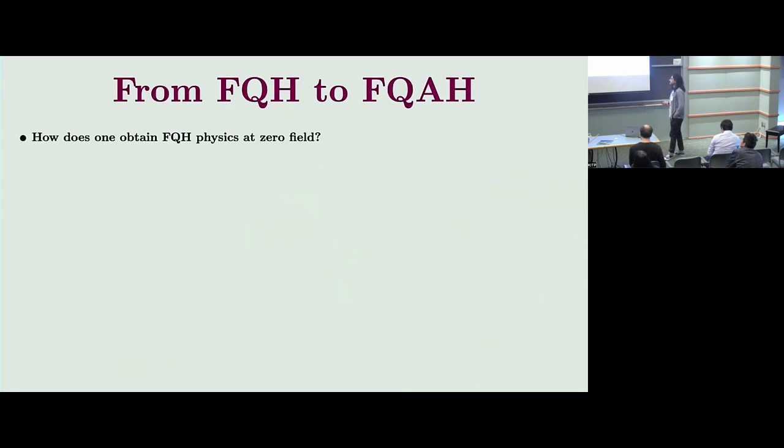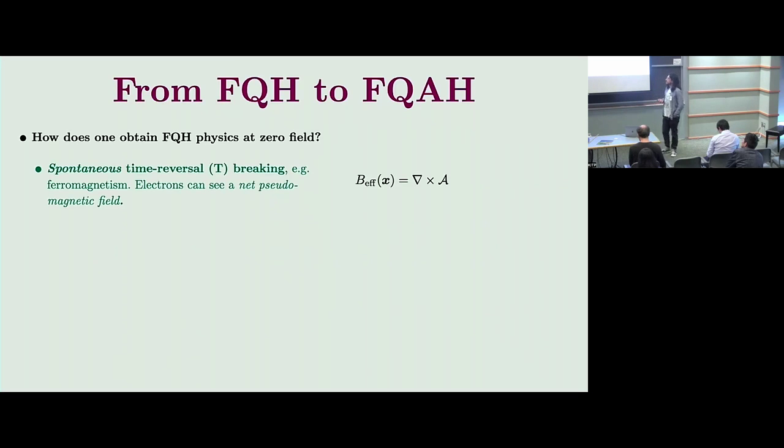All right, so first, what are the basic ingredients that we're going to need for FQAH? And some of the other speakers have already touched on this. The first thing is you need some kind of spontaneous time reversal symmetry breaking, for example, ferromagnetism. One consequence of this, which isn't always true, is that you can maybe then think of the electrons as being able to see some net pseudo-magnetic field.